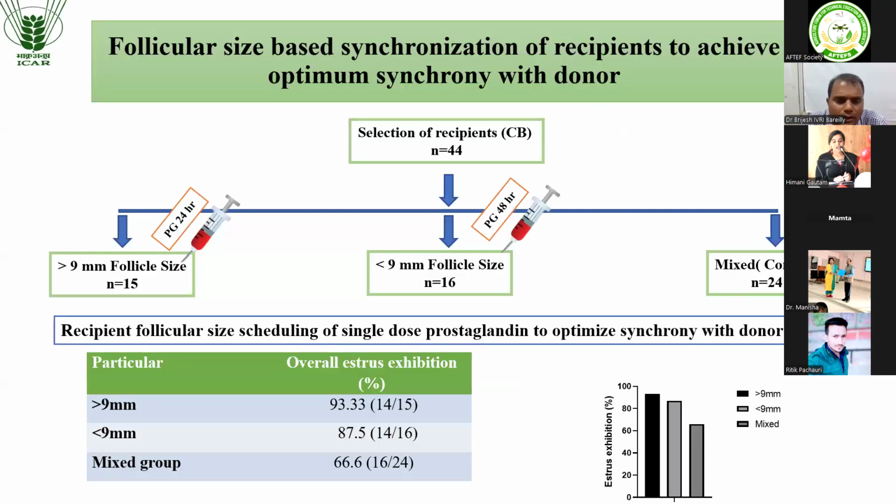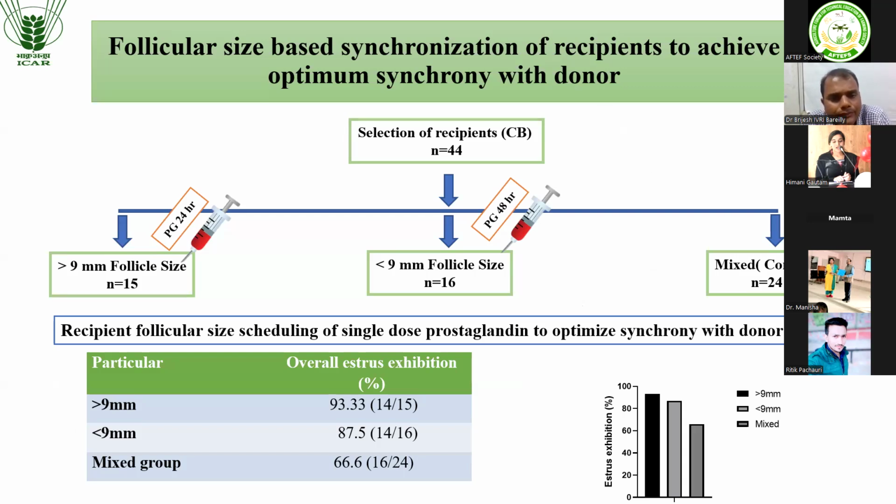So here we have taken this follicular size-based synchronization protocol. If the animal has a CL along with a follicle greater than 9 mm, you give the donor PG 24 hours before, so that it will coincide with your IVF day.